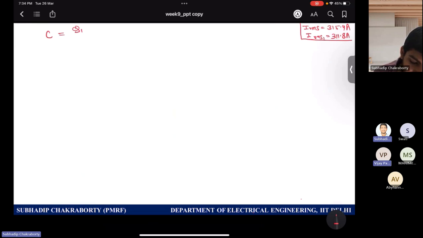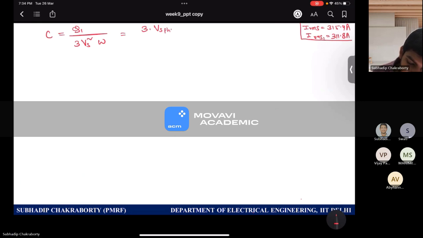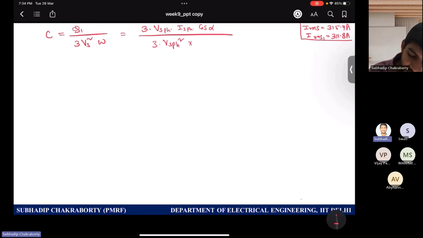As I told you, this will be Q1 divided by 3 Vs square omega. What is Q1? Q1 is the reactive power. So this is 3 times Vs phase, Is phase, sin alpha, divided by 3 times Vs phase square into omega. So 3 will go out.